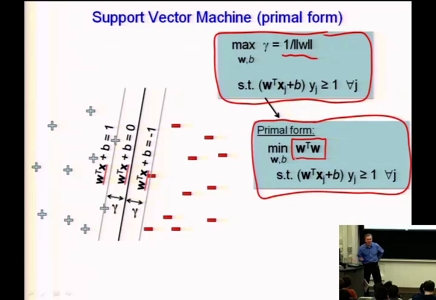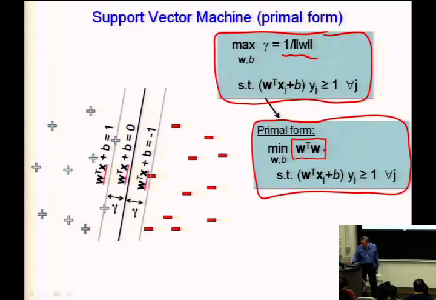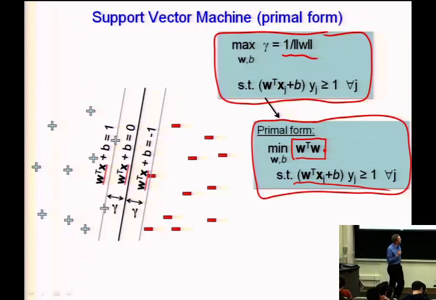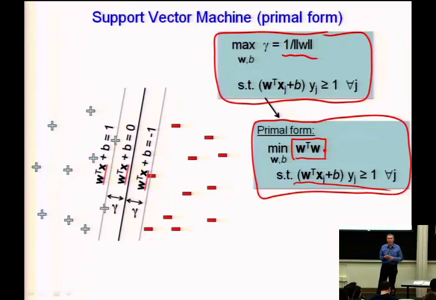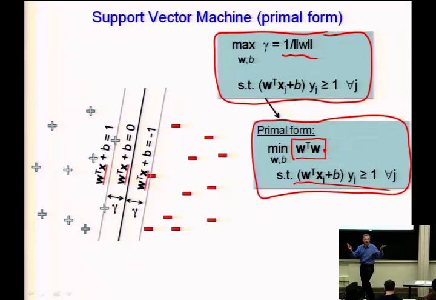So w transpose w, again, if w is just a column vector, then w transpose w will just give us the sum of the squares of the weights in w. So essentially, it's just saying minimize the sum of the square of our weights such that we correctly classify all the training examples. Okay, so it's just a mathematical way of saying label everything correctly and find the largest margin you can among the different linear surfaces that will label things correctly.